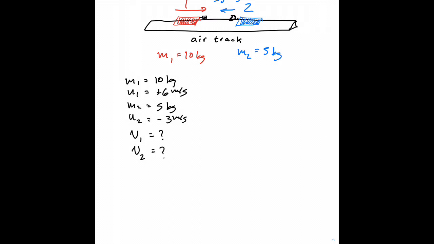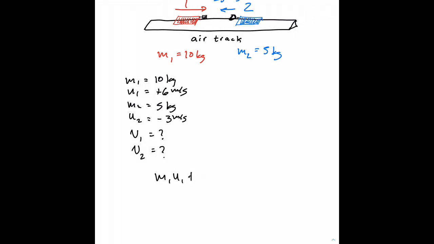Well, I'm not sure I can really effectively do that if I only have one equation that says the total initial momentum equals the total final momentum. I have values I can plug in for m1, m2, u1, u2, but I don't know either of these two quantities, and with one equation for two unknowns, we're out of luck.